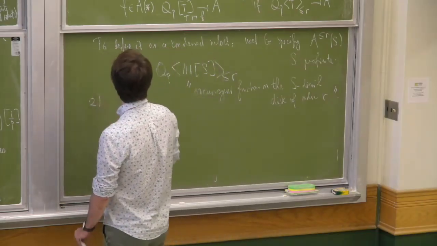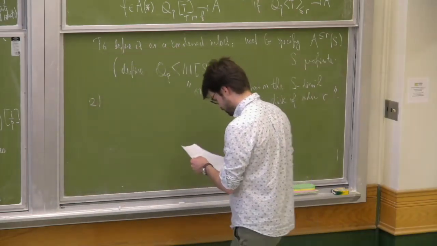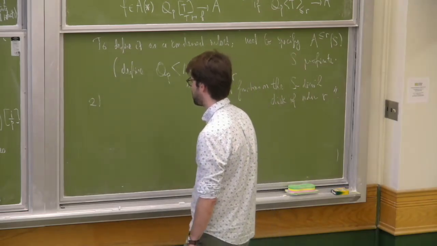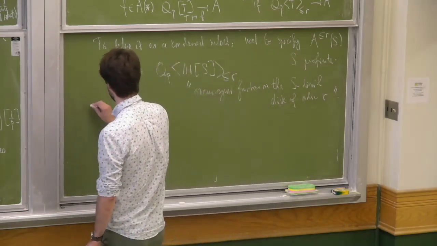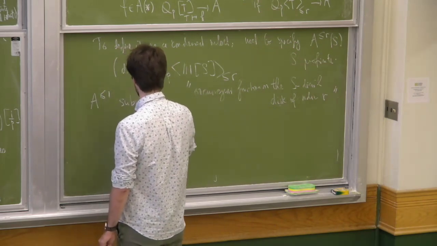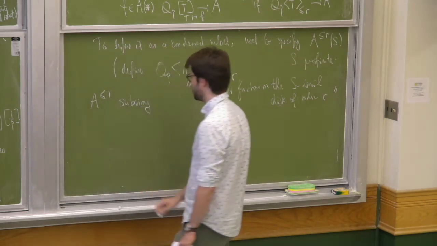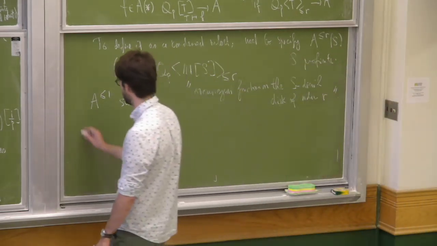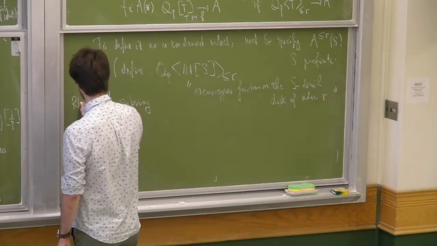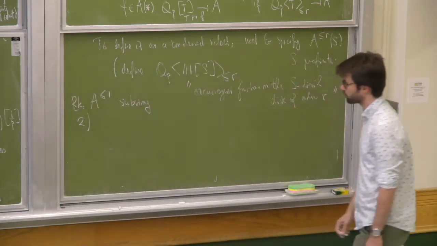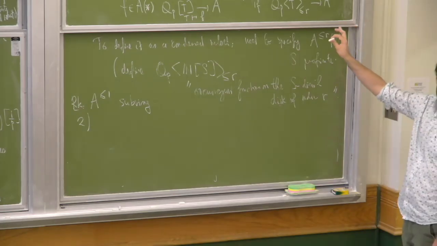So in particular, just point out that A less than 1 is a subring, not just a subset, but a subring. If A was just a usual Banach algebra, it would be an algebra.